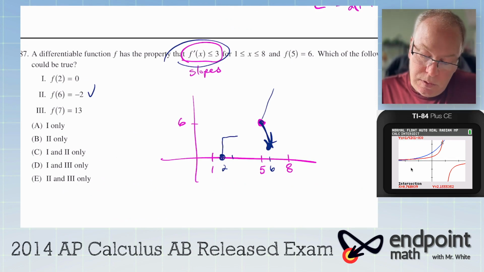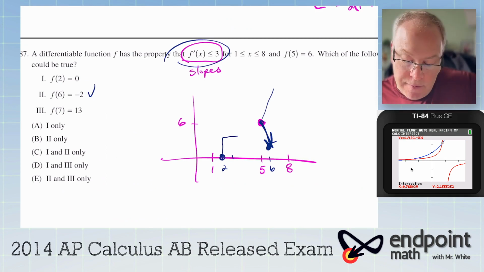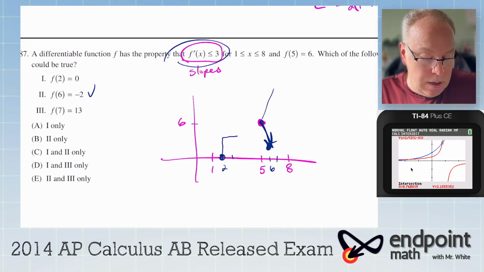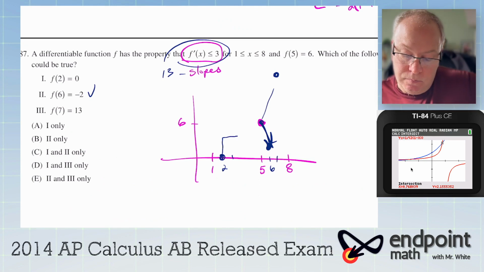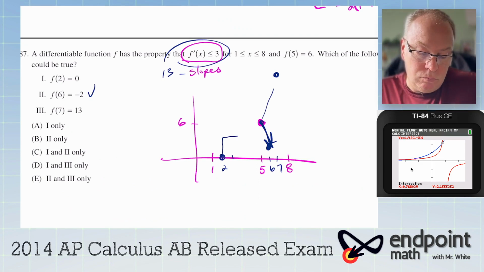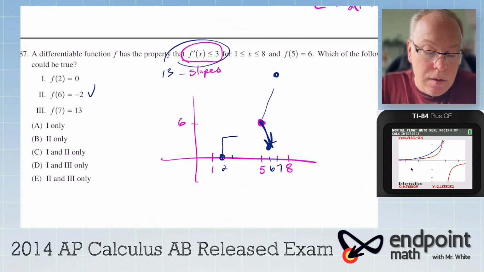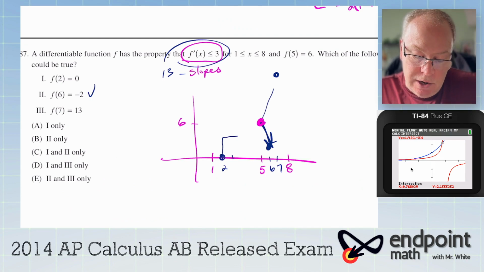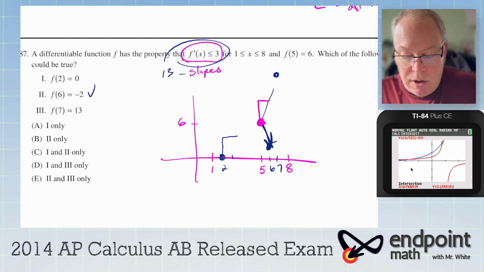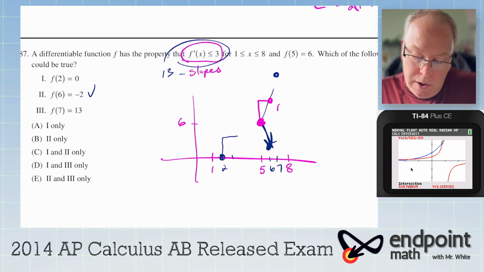All right, so what about f of 7 being 13? Way the heck up here at 13. F of 7. Could that be 13? Well, if we start here at 6 and we go up 3 over 1, we're now at 6, 9.